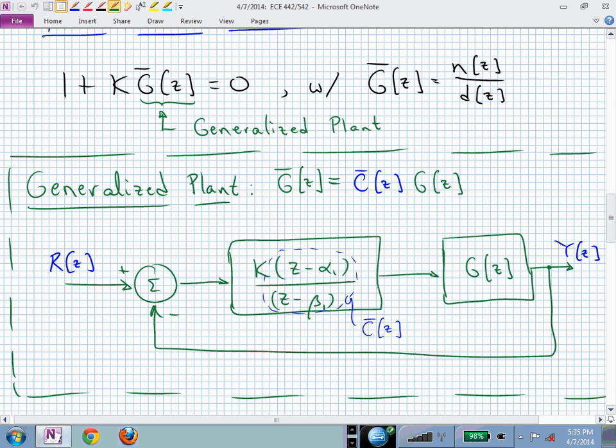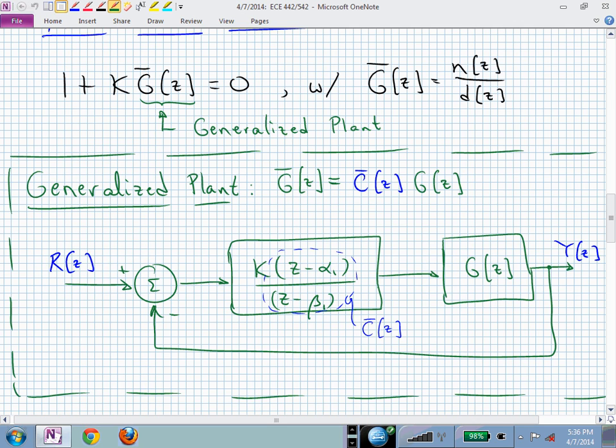That's how we will speak of this generalized plant G bar. If we're just using proportional control, these two zero and pole factors aren't in play, they don't exist, and G bar is simply G. Is that okay?